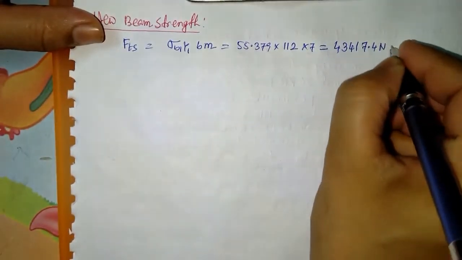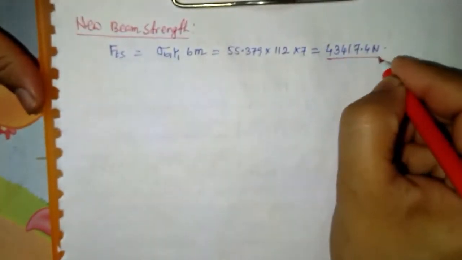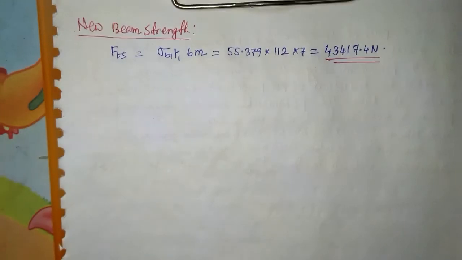That new beam strength you will get is 43417.4 Newton. Okay, so this is our new beam strength. Now we have to find that dynamic load or actual load.